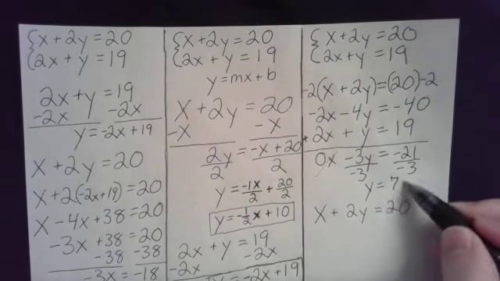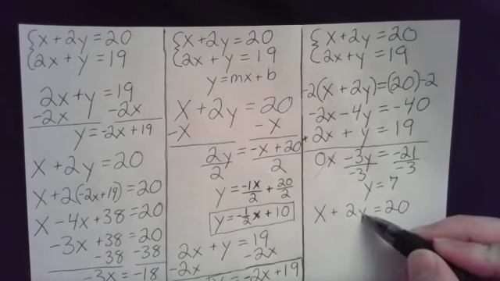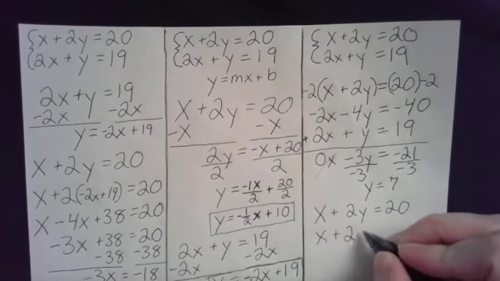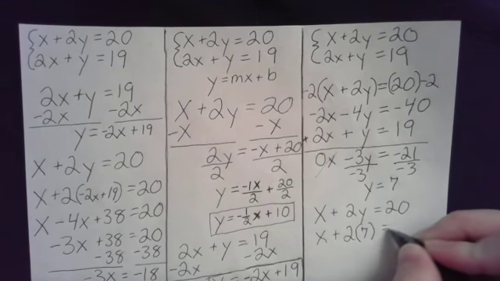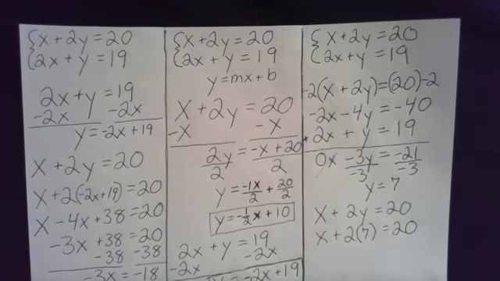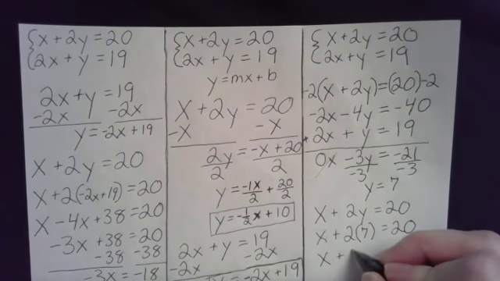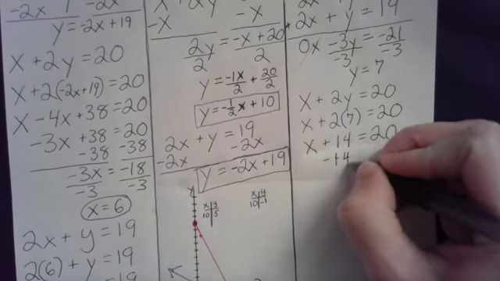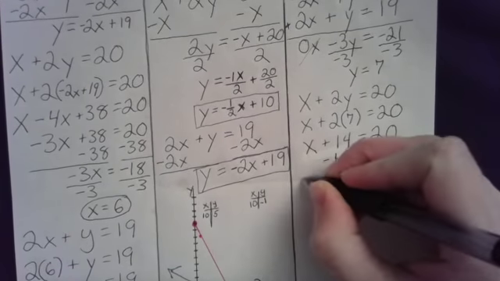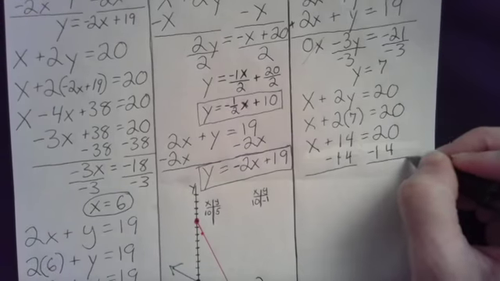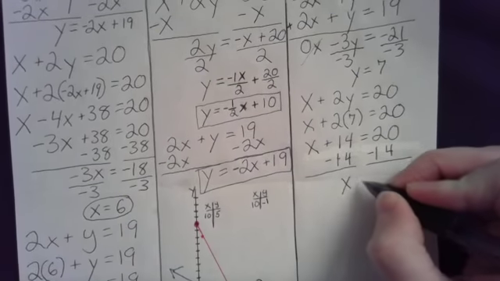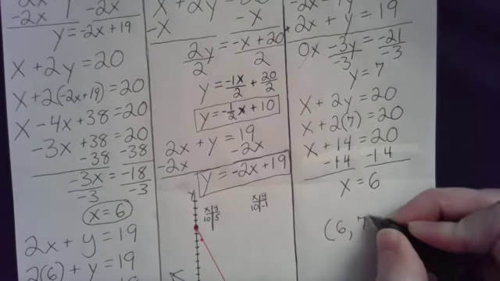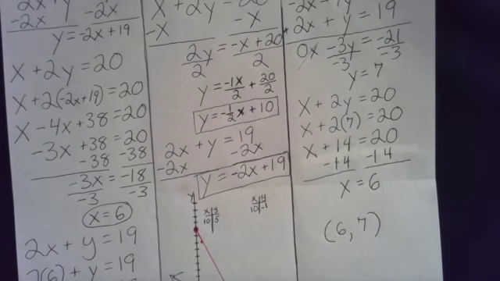And now I'm going to substitute this 7 in for this y and find out what x is. Subtract 14 from both sides of the equation and I've gotten x equals 6. So don't forget to give your answer in the form of an ordered pair.